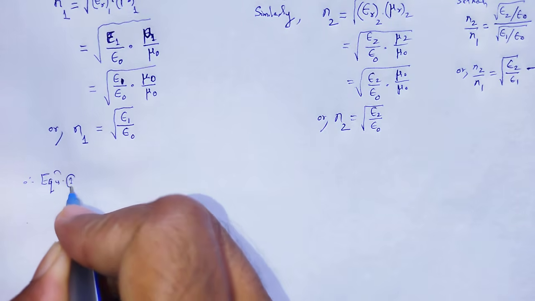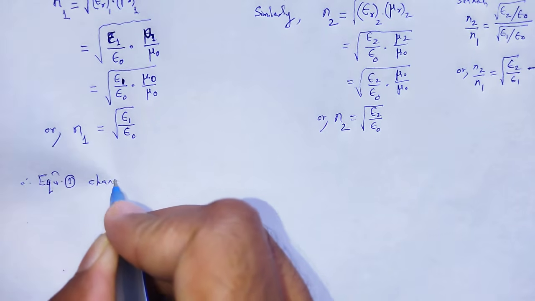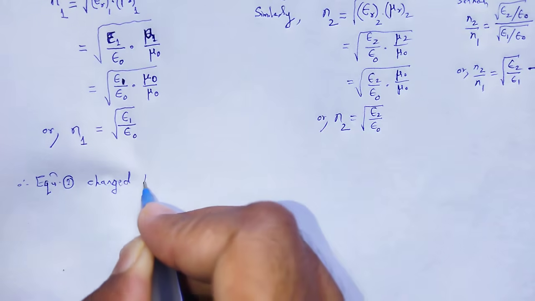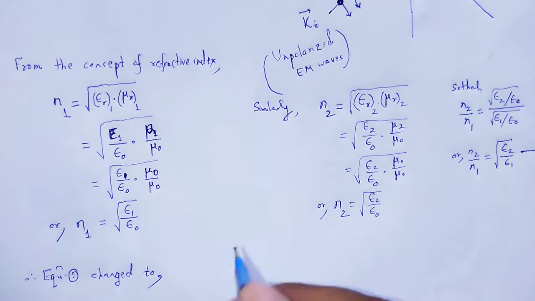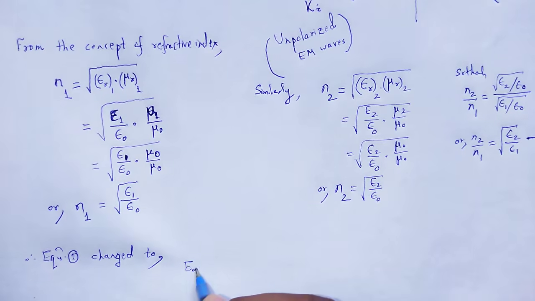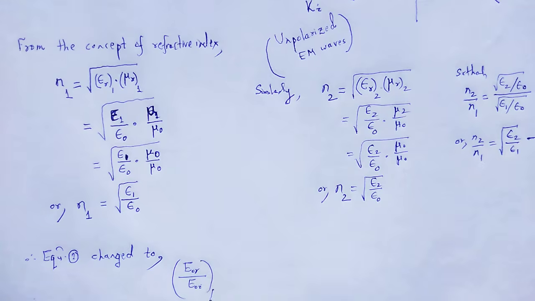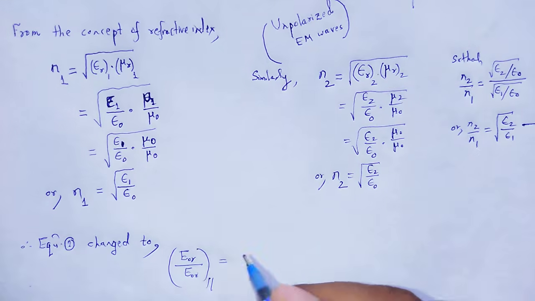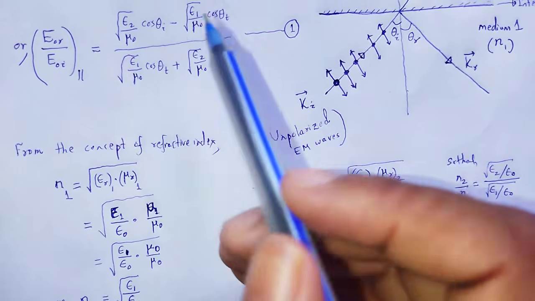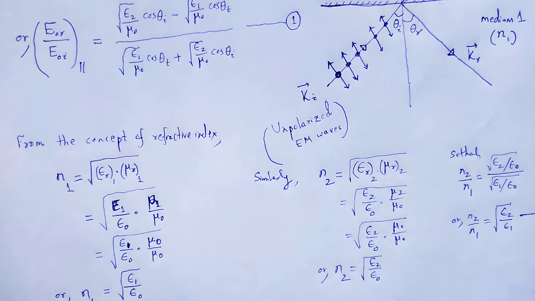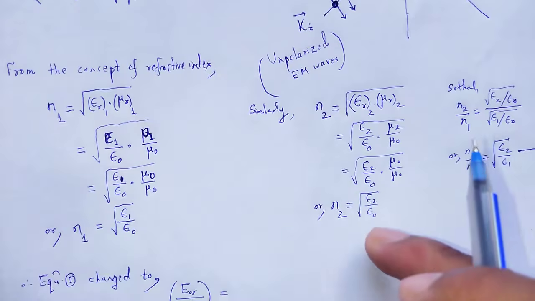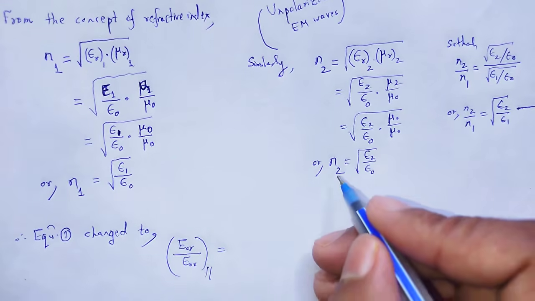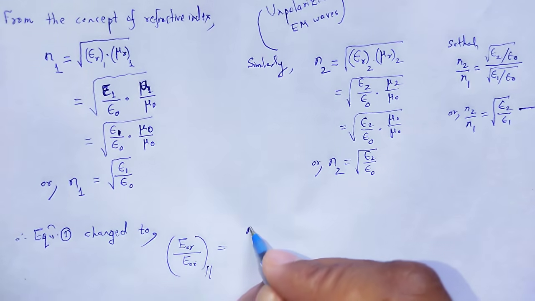Equation 1 changed to E over E y, parallel situation. In place of epsilon 2 by mu naught, use n2.